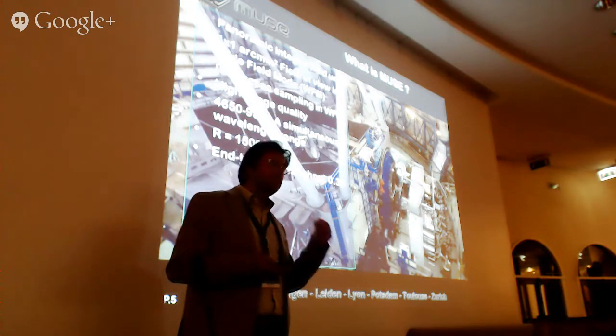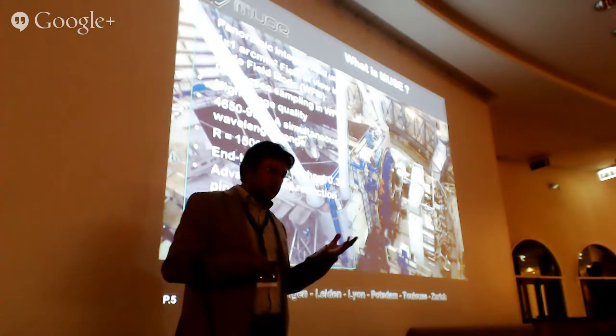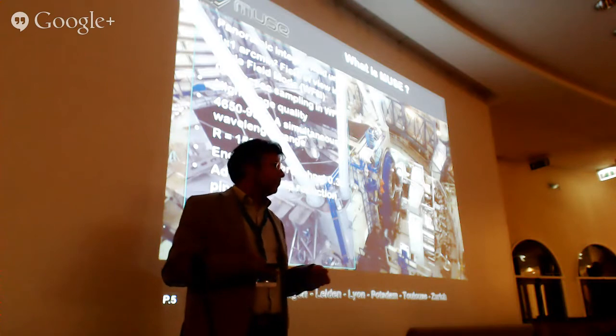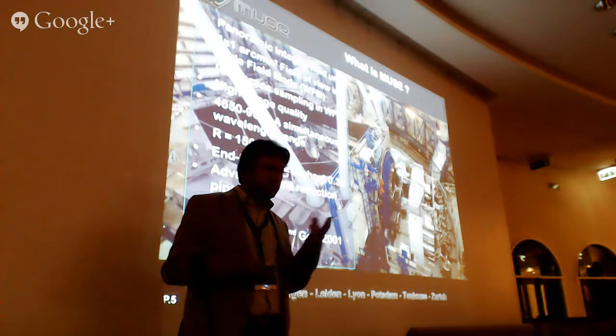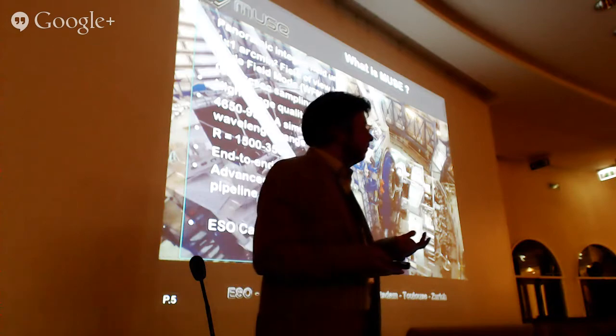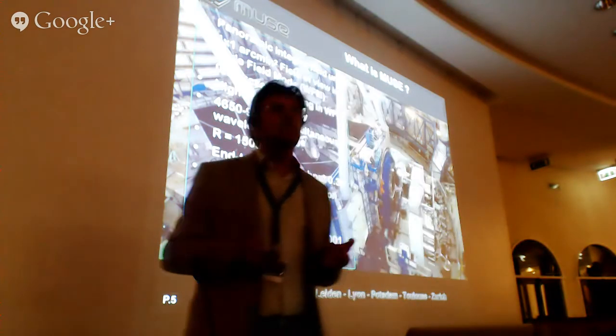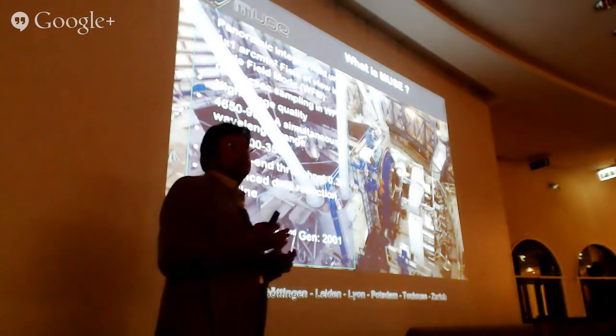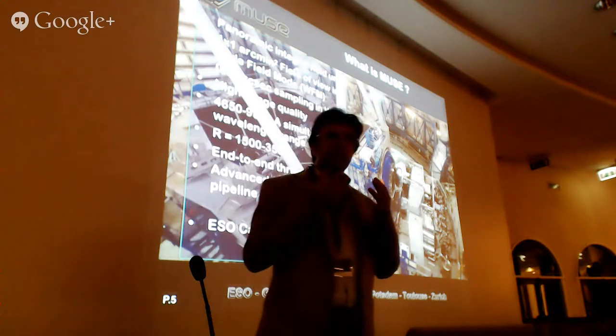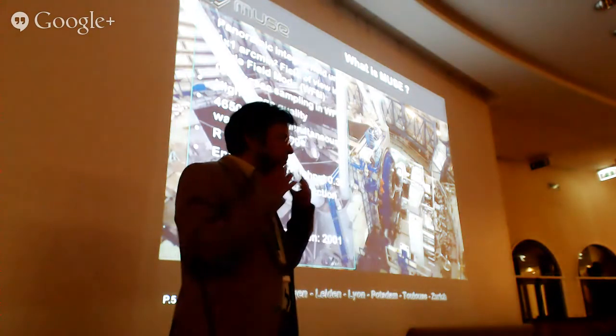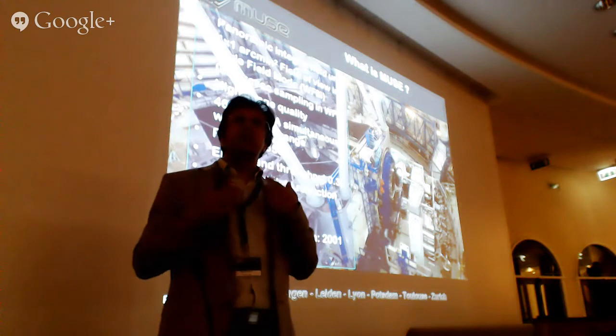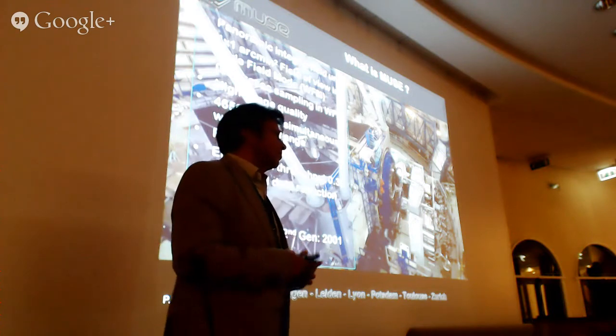MUSE from the start also has, I must mention, an advanced data reduction package, because it produces a lot of data. From the start, when we answered the ESO call for ideas, that's 13 years ago, the basic idea was that building an IFU with such characteristics should allow something completely different from what we've done with the first generation of IFUs.